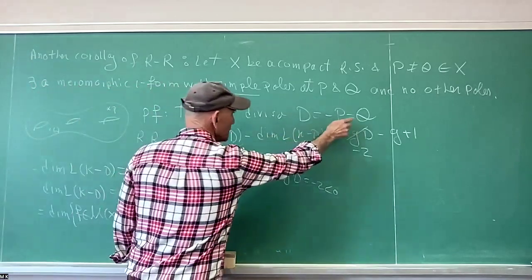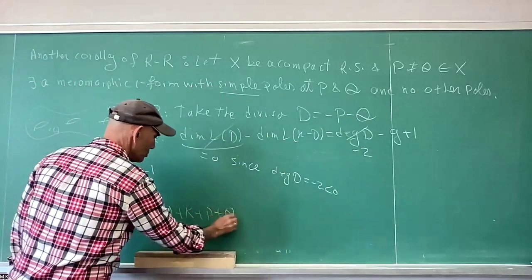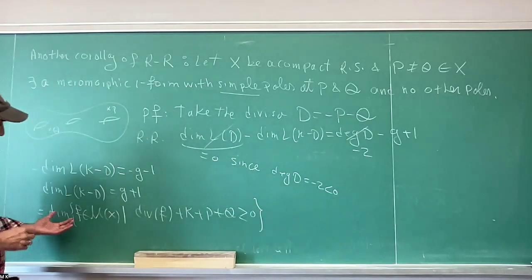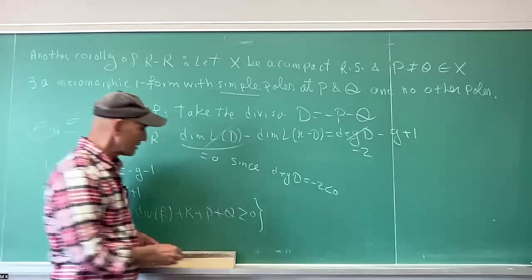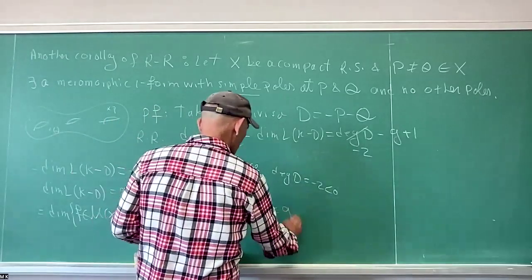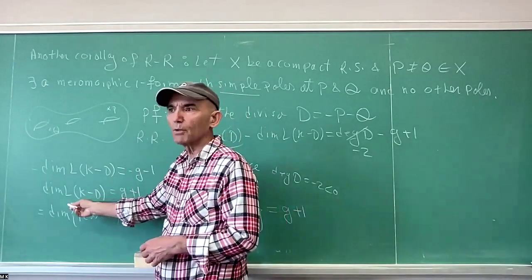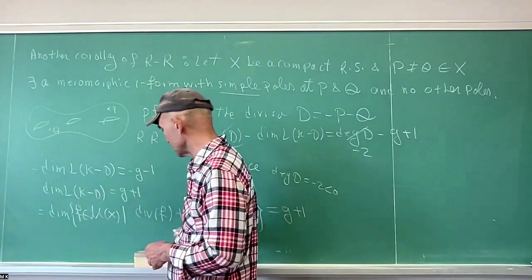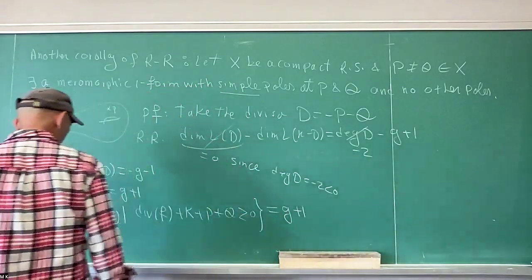D is minus P minus Q. So this is plus P plus Q is bigger than or equal to 0, right? So we discovered that the dimension of such spaces is exactly equal to G plus 1. Because this is the definition of L of K minus D. Okay, now let's see what we can say.